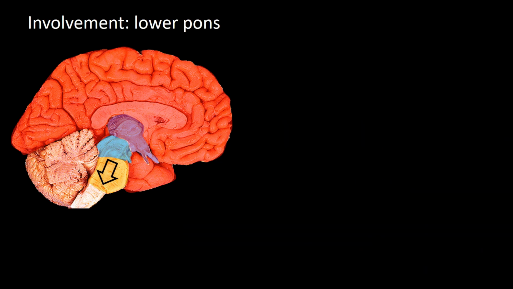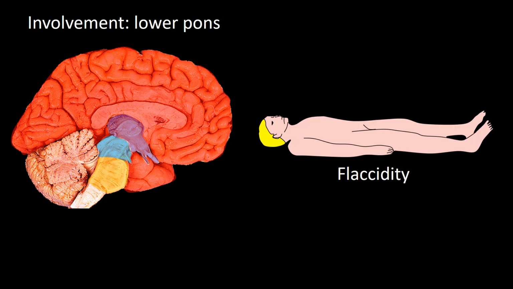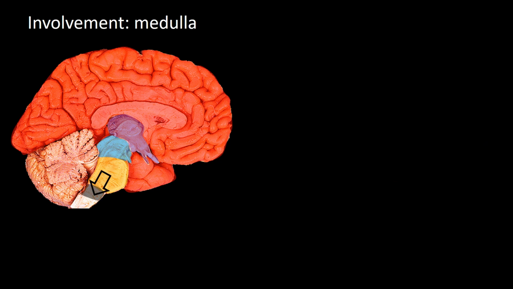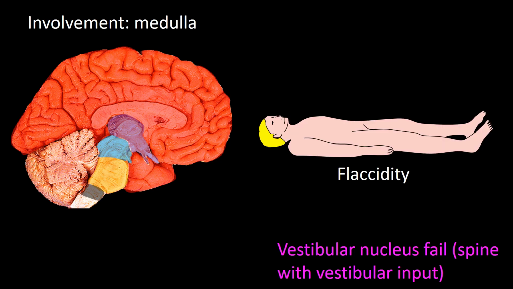More extensive pons damage involving the lower segment of the pons, as shown in this frame, leads to flaccidity because the vestibular nuclear damage deprives spinal motor neurons, already deprived of flexor influence due to damage to the red nucleus, of extension influences. Medullary involvement manifests by flaccidity for the reason stated before when referring to the lower pontine lesions.